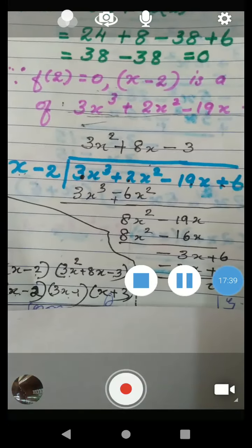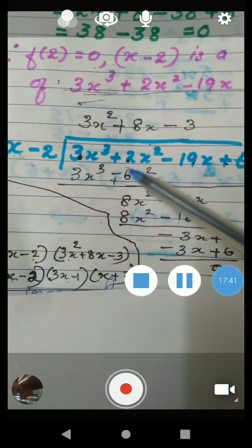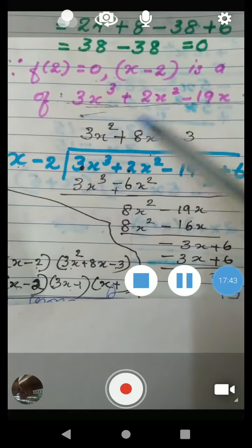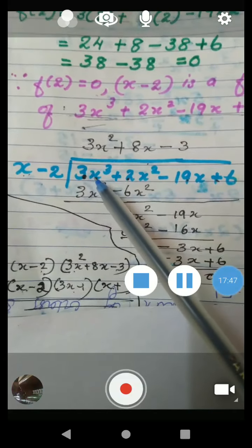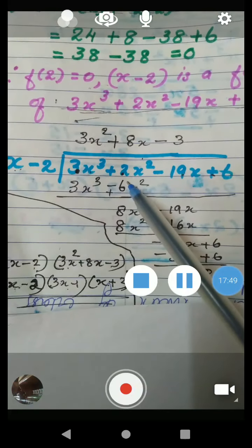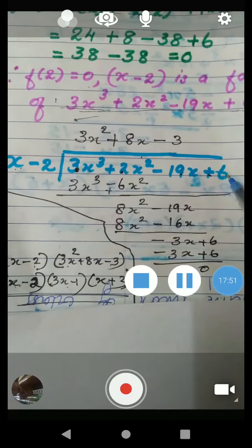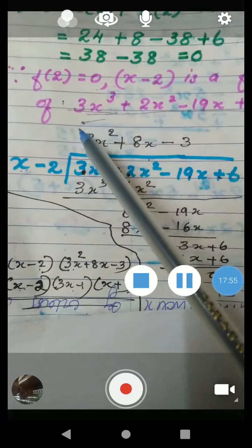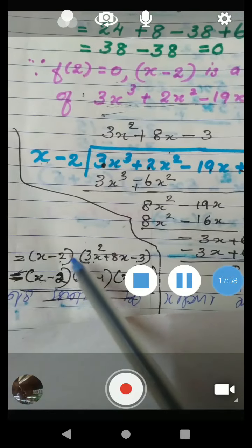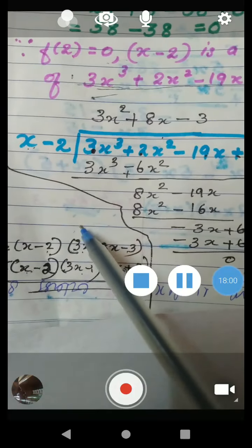Like the previous questions, dividing by x minus 2, you will get this expression. Therefore, we can write 3x cube plus 2x square minus 19x plus 6 is equal to x minus 2 into this expression.